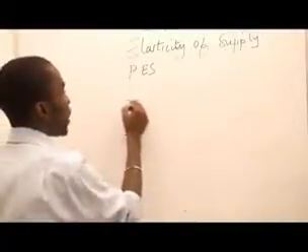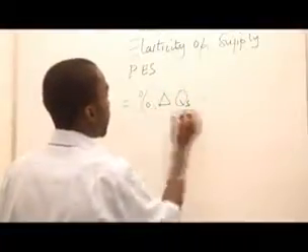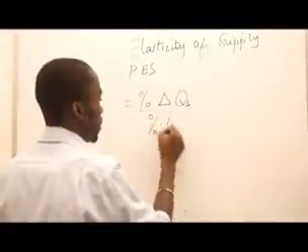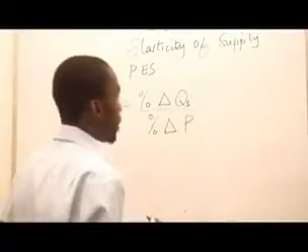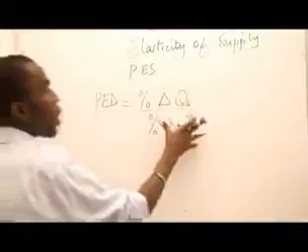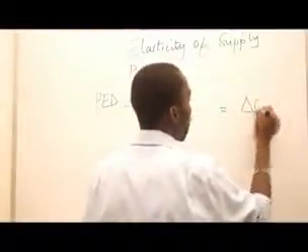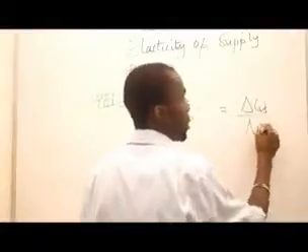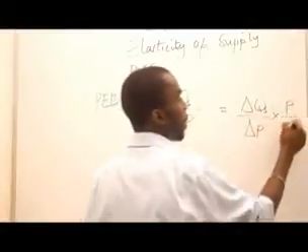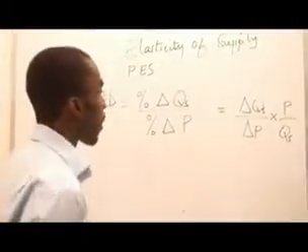And mathematically, we can have percentage change in quantity supplied over percentage change in the price of the good. When we do our calculation, we should end up with change in quantity supplied over change in price times price over quantity supplied.